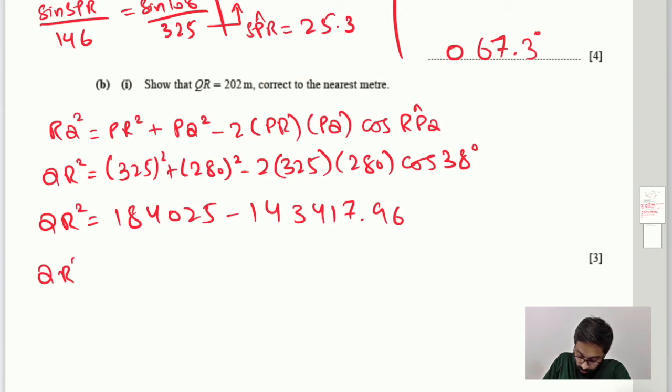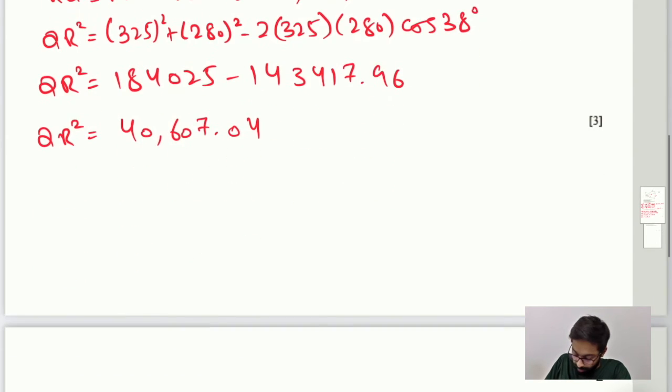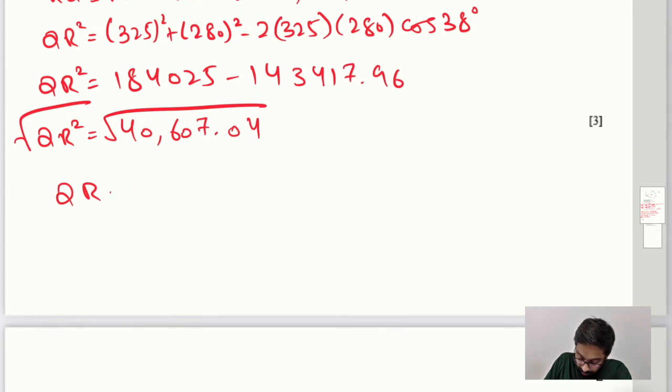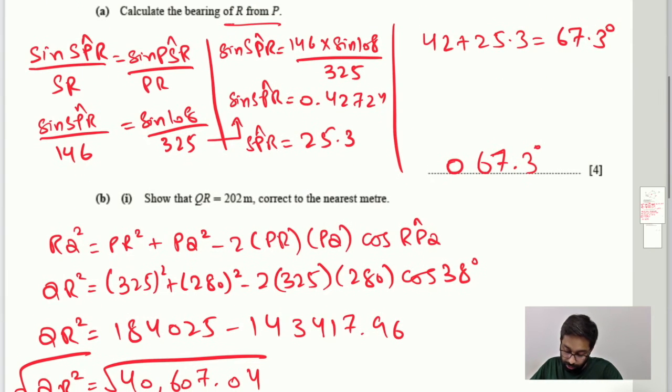Okay, so QR squared is equal to 184,025 minus this answer, and you get 40,607.04. And if you find the square root of both sides, you will be left with QR, which comes out to be 202 meters. Hence, this is proven. This is correct to the nearest meter.